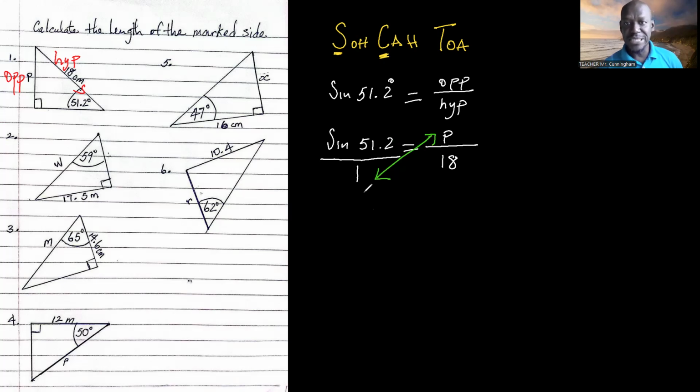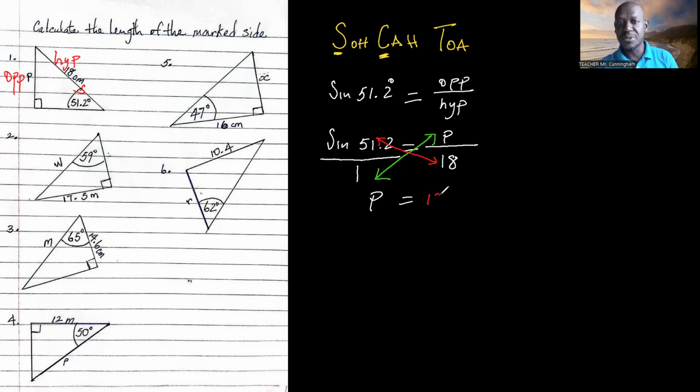It's 1 times P, and 1 times P is P. Then I cross multiply on the other diagonal. So it's 18 times sine 51.2.